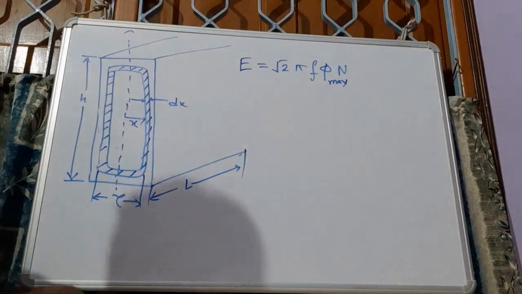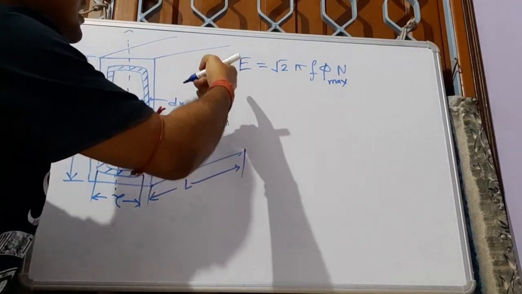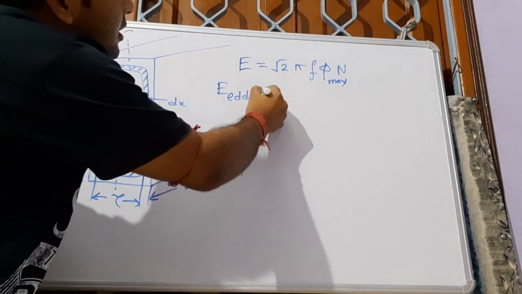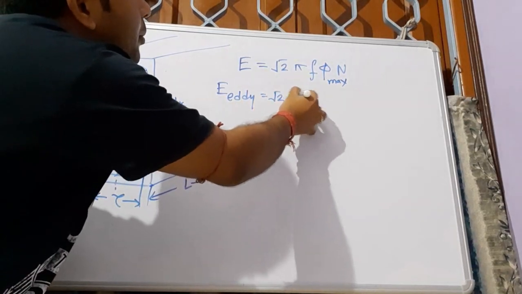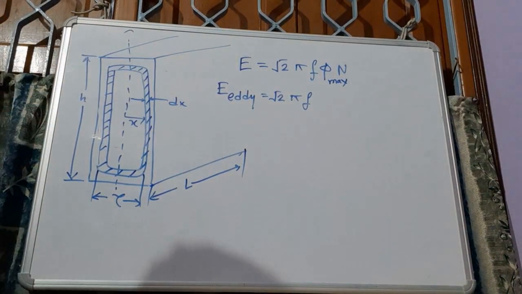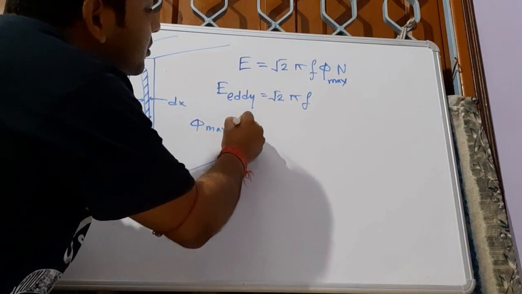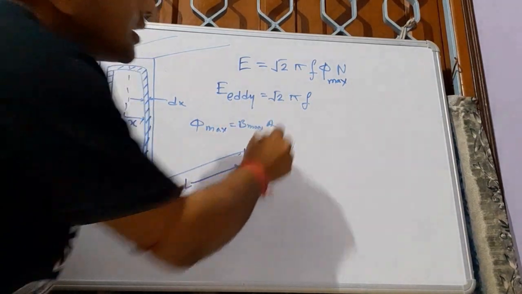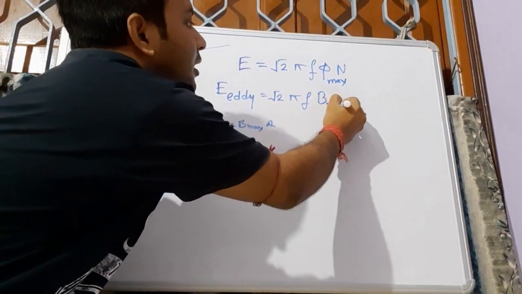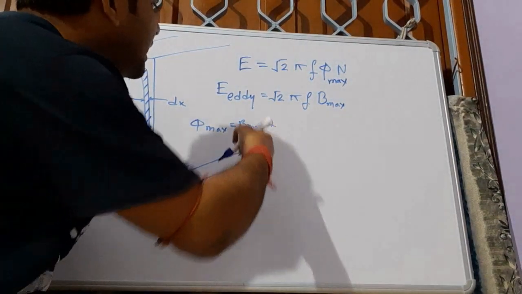So for eddy current loss, the EMF generated due to eddy current, E_eddy, equals root 2 pi f phi max, and phi max can be written as B max into area.